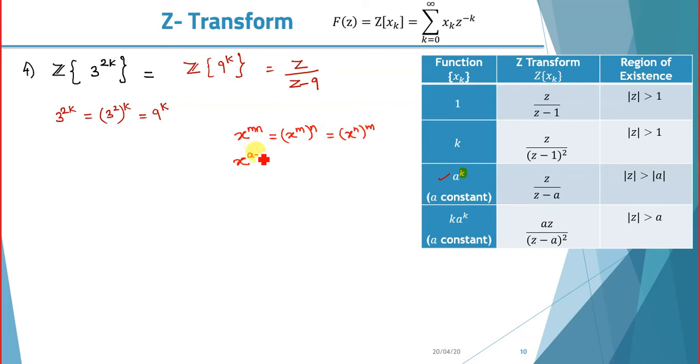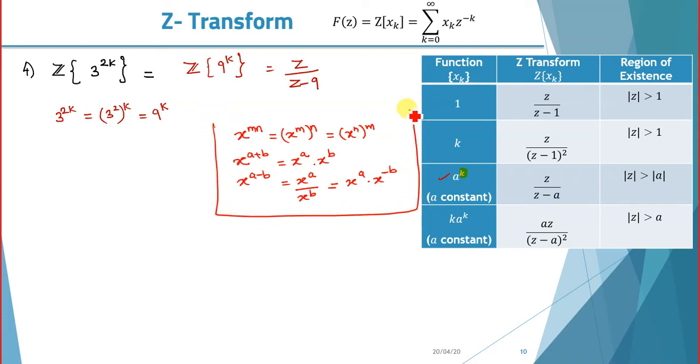If you have a plus b in the power, you can write it as x power a times x power b. If you have x power a minus b, it is x power a divided by x power b, but you can even write it in the negative notation, x power minus b. Both are okay. So you need to remember these rules of indices to solve such questions.